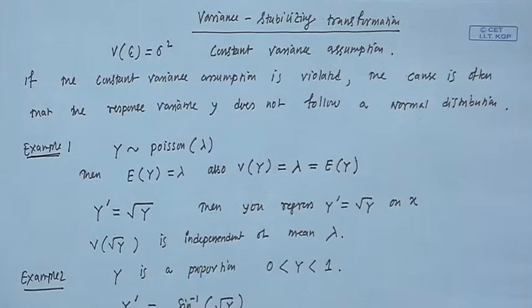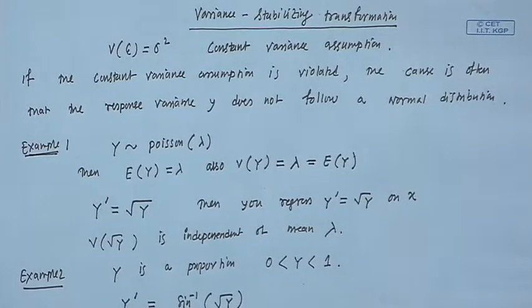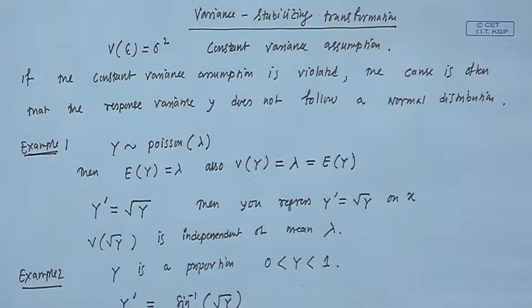Well, so if you see that the constant variance assumption is violated, then in that case, most likely the response variable is not from the normal distribution.